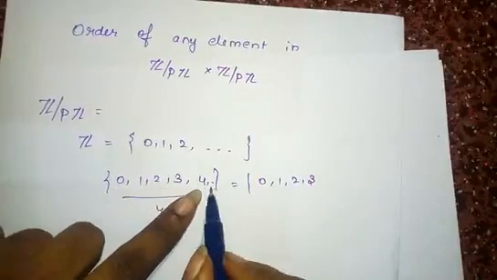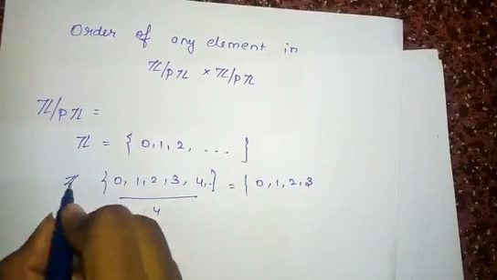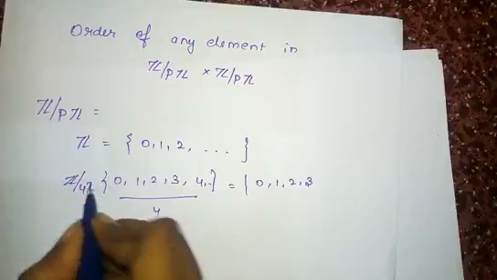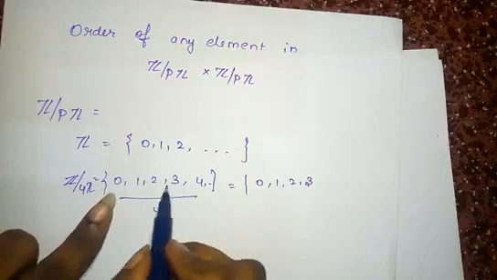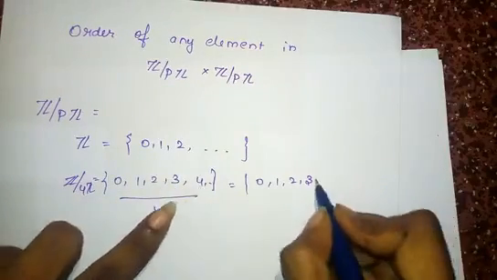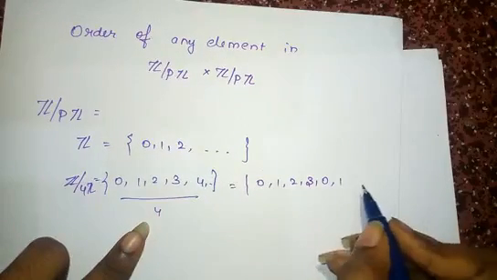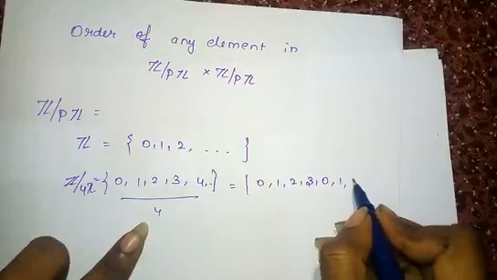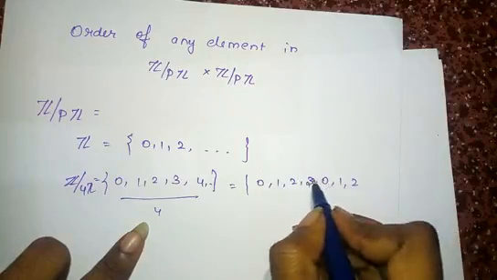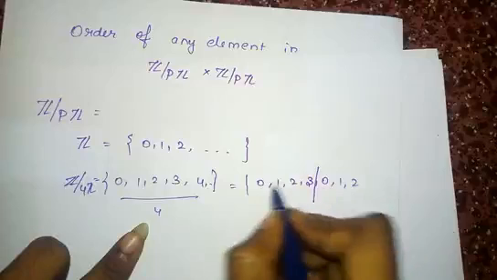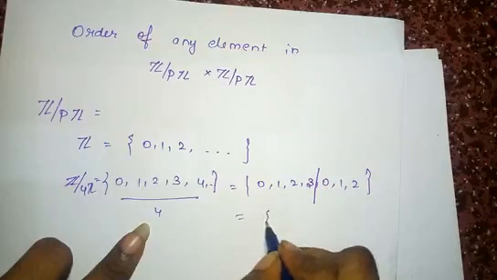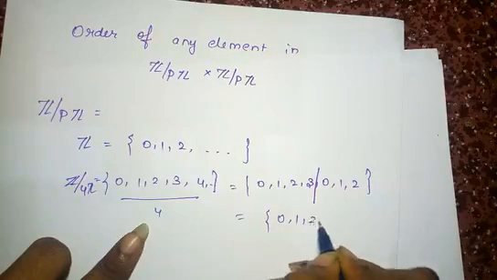Because I'm going to divide Z by 4Z. If I divide 4 by 4, I get the remainder 0. If I divide 5 by 4, I get the remainder 1. 6 by 4, the remainder is 2. It repeats after this, so I'm just going to stop at 0, 1, 2 and 3.